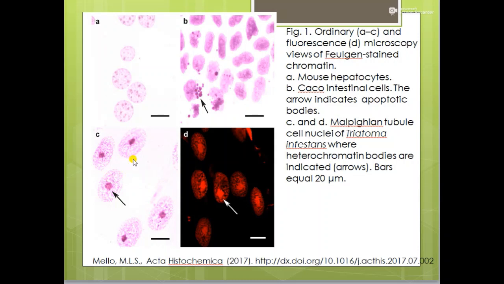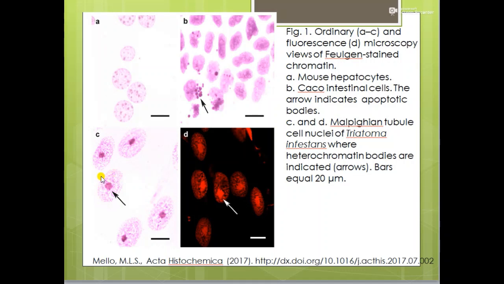And C is a Malpighian tubule, and the nucleus of Triatoma infestans, which mainly causes Chagas disease. Triatoma infestans is not a bug, it's a vector which transfers the disease.